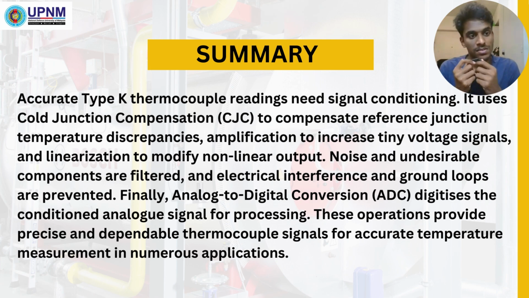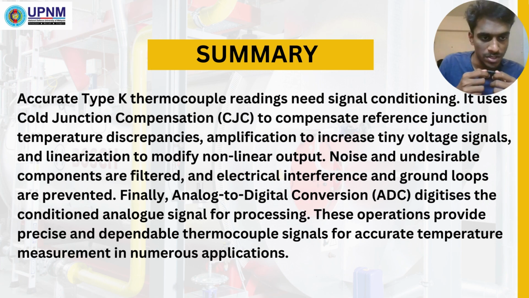It uses cold junction compensation, also known as CJC, to fix the difference in the temperature of the reference junction. Amplification boosts weak voltage signals, and linearization changes output that isn't linear. Electrical interference and ground loops are stopped, and noise and other unwanted parts are screened out.